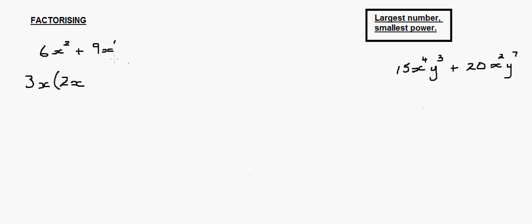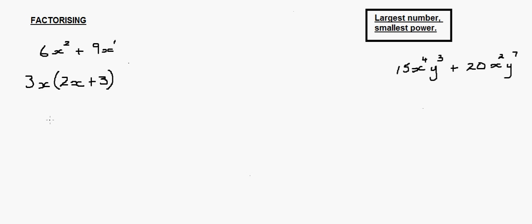The x would happen anyway. So it's just a question of what times 3 gives me 9. 3 times 3 gives me 9. As you can see, 3x times 3 gives me 9x. If I've got the same power here, I can ignore it. I don't have to put that letter in the brackets.